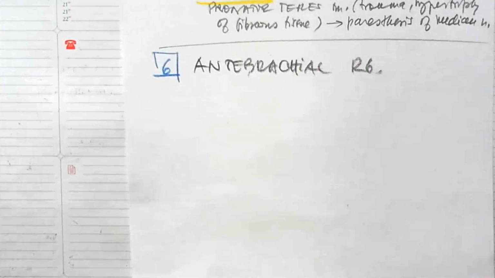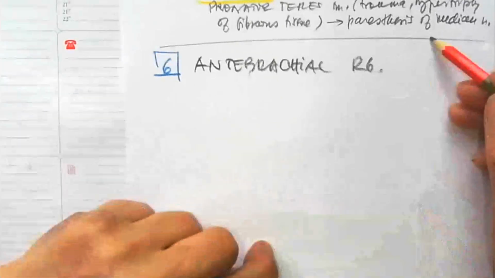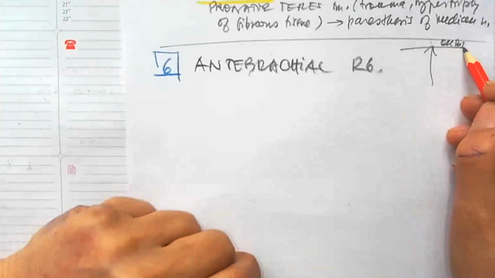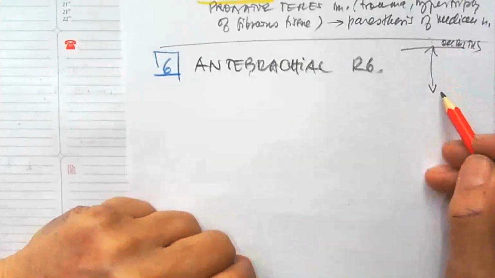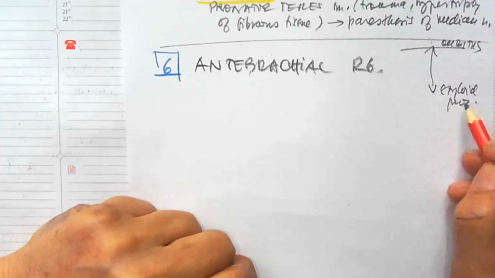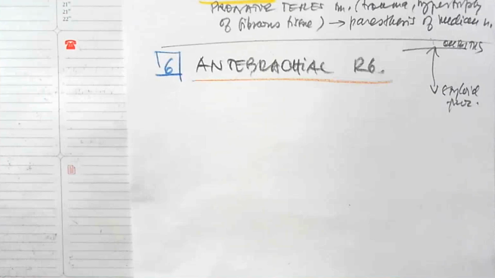The regio antebrachialis is the area which descends from the lower boundary of the cubitus, and then it extends up to the styloid process of the radius. That's it. The antebrachial region is also divided into anterior and posterior. Maybe that very simple sketch would be the best.